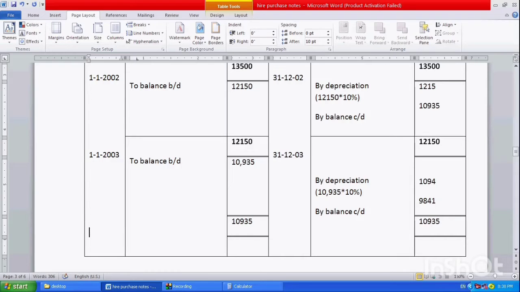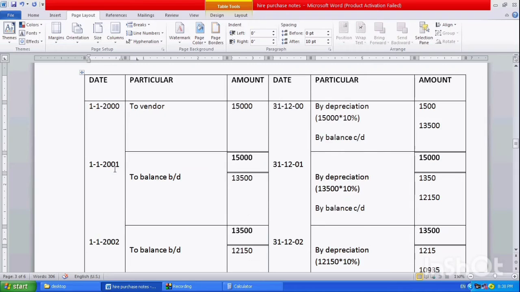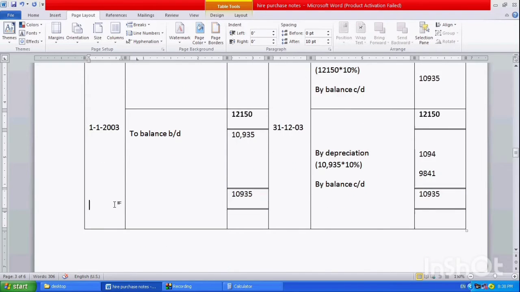Right here, first January 2004 to balance carried down. Okay, this is the last, fifth year. 1st January 2004 to balance brought down.